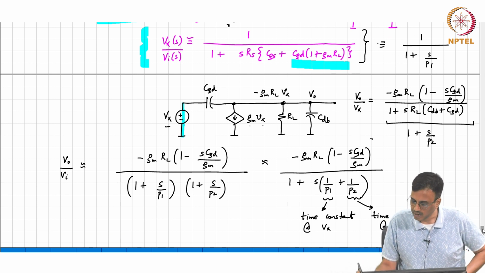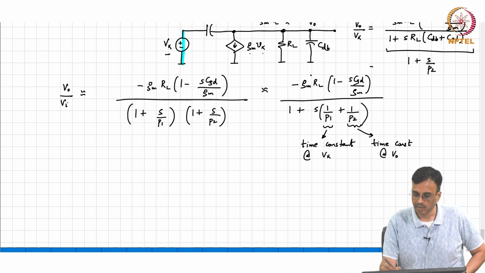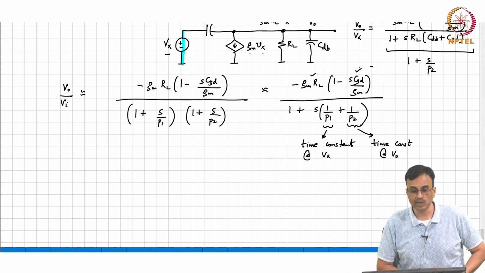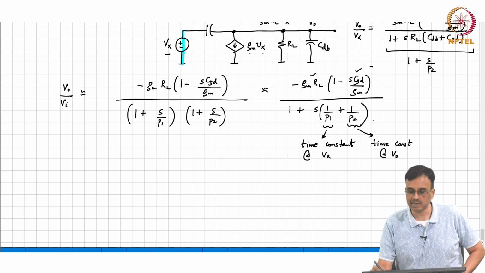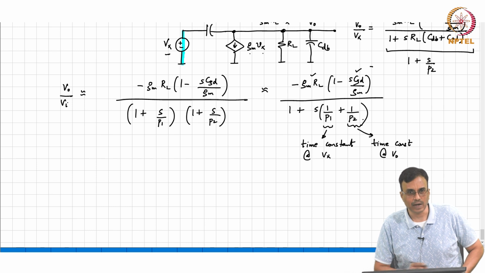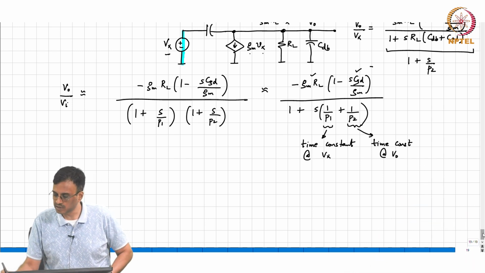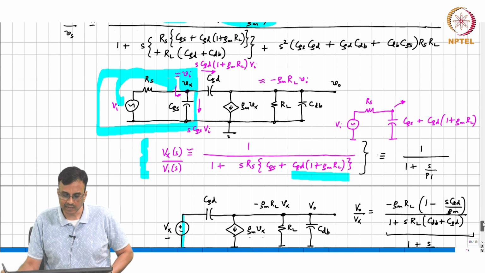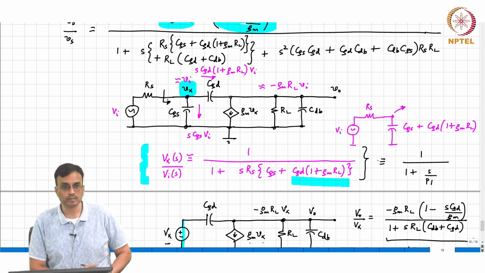So therefore we see clearly that we of course get the DC gain and the zero, and at low frequency the denominator polynomial must look like this. So what is this 1 by P1? What is the time constant at node Vx? Well, that corresponds to charging the effective capacitance here through a resistor Rs.